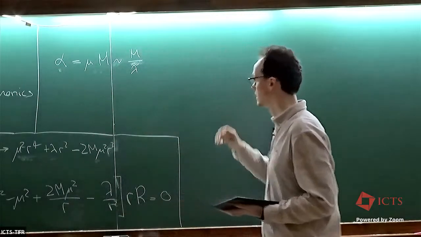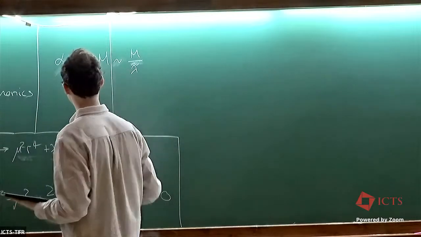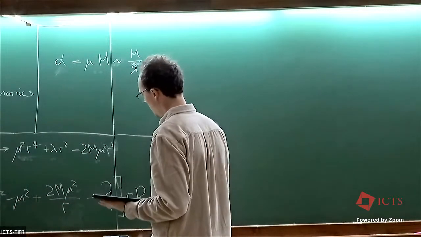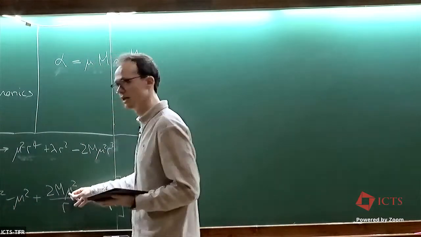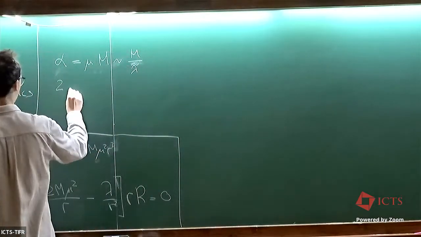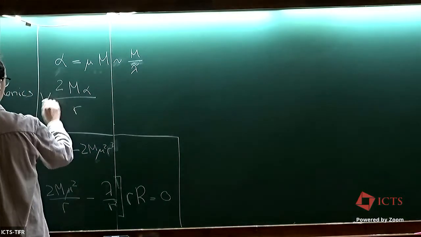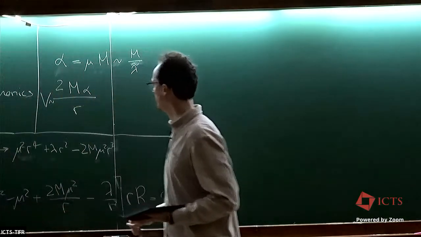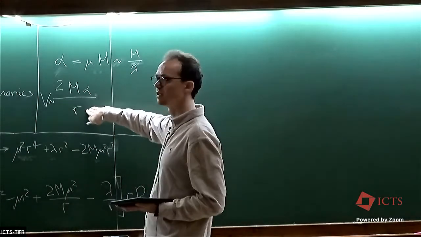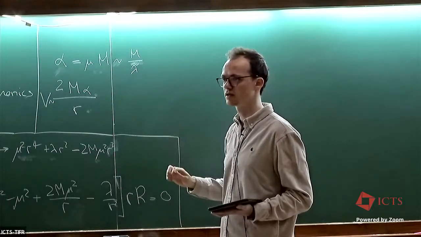Okay. So from now on, alpha is this dimensionless ratio. And so alpha enters in this potential, and basically the potential has this form.